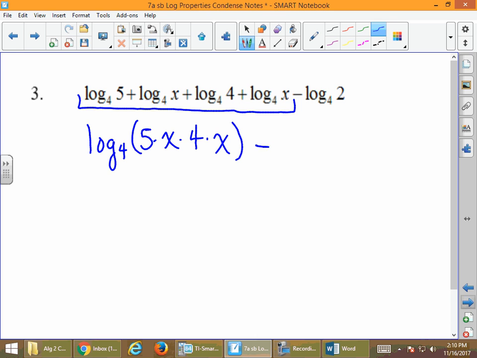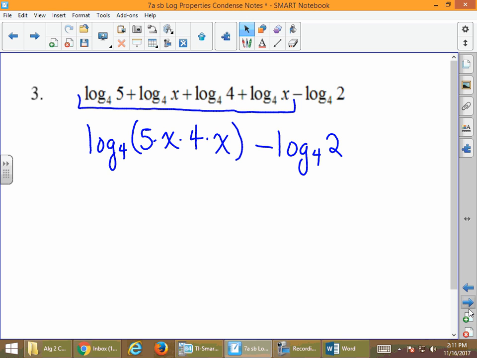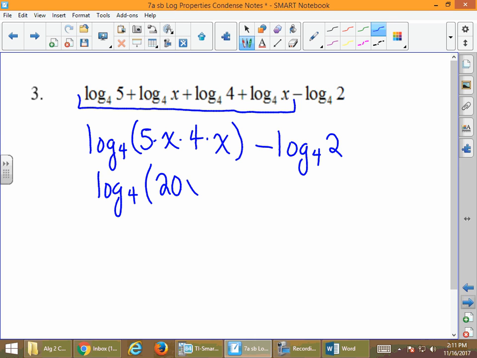But don't forget, we haven't touched the minus yet. But we're able to condense down a lot by using that product property. In fact, we can even simplify what's in that parentheses a little bit more. We get log base 4 of 20x squared minus log base 4 of 2.